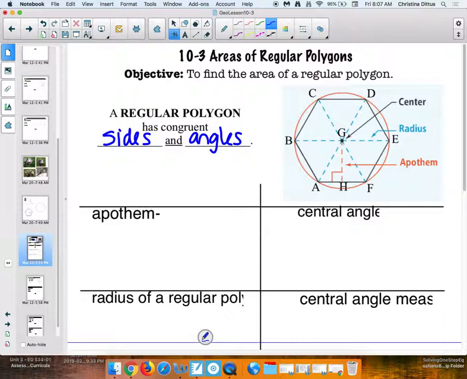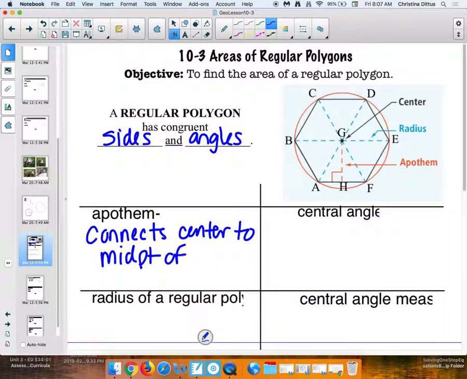You go from the center, so it connects our center to the midpoint of any side. An example would be GH. I like to think of it as kind of like the height. Okay, so H is a midpoint and it goes to our center G.